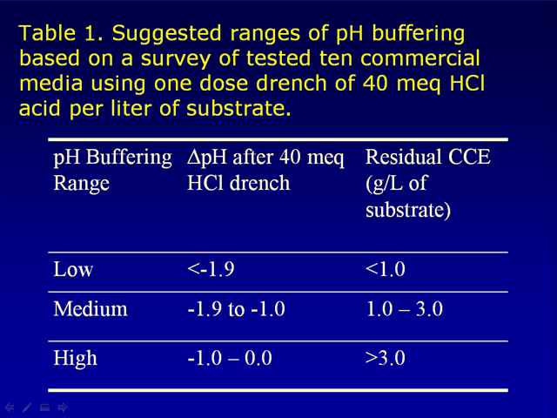So, for example, if the pH drops around 1.5 units, we'd call that a medium buffered pH. From our experience, that means that there's probably around 1 to 3 grams per liter of residual limestone. And just recall that 0.6 grams per liter is the same as 0.6 kilograms per cubic meter, or 1 pound per cubic yard.